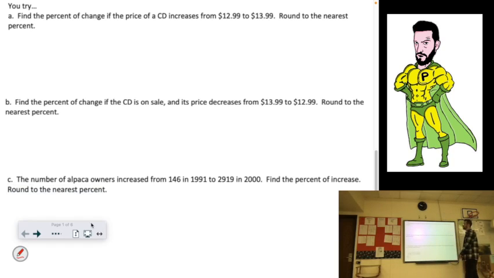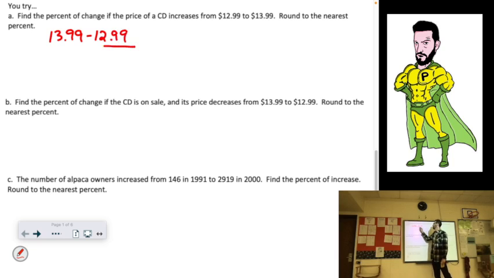Find the percent of change if the price of a CD increases from $12.99 to $13.99. So the new price is $13.99 minus old $12.99 over old $12.99. So that'll give us 1 over $12.99.